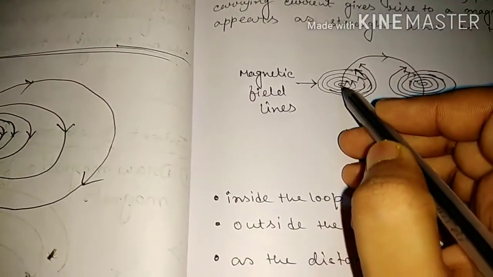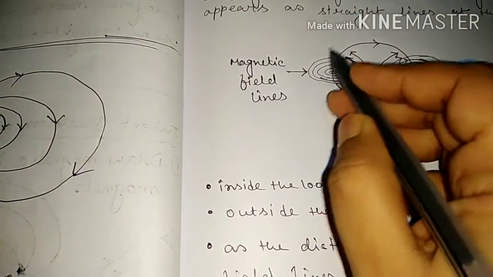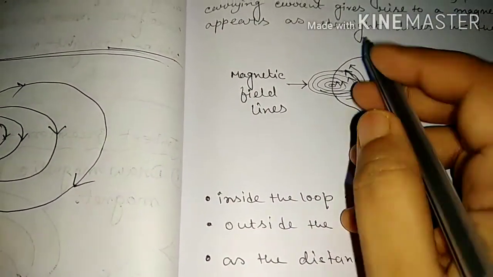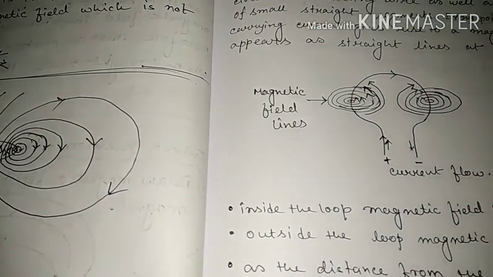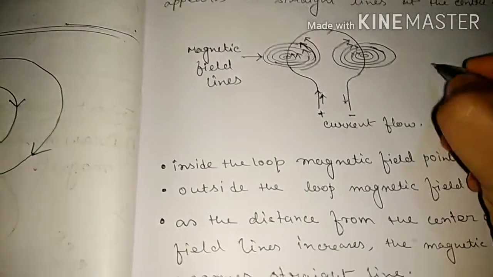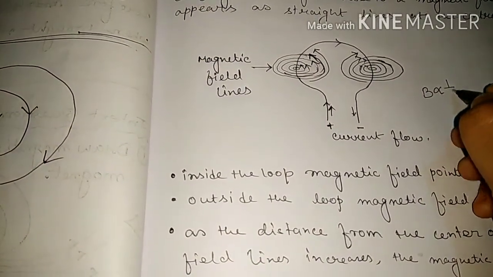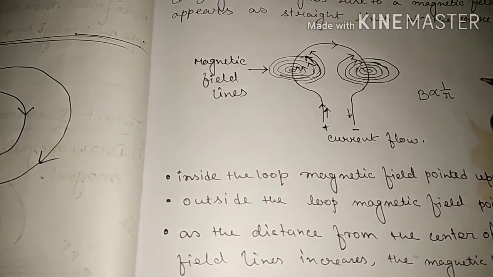Another main point: if the distance from the center increases, the magnetic field lines become straight lines. So the magnetic field, denoted by B, is inversely proportional to the radius of the concentric circle.